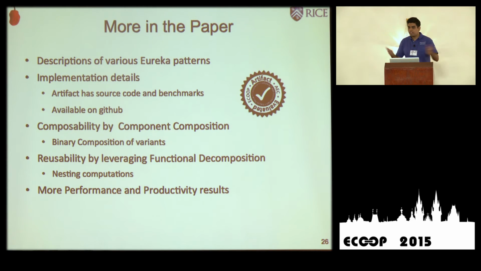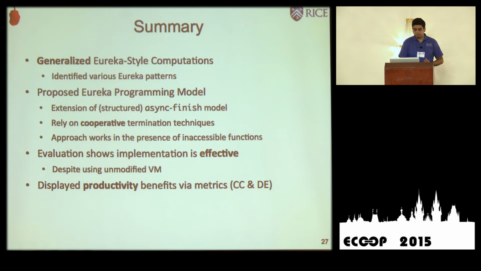So say I have 2 Eureka constructs, can I create a new Eureka construct based on these 2 Eureka constructs? That's discussed in the paper. And then using functional decomposition for reusability. So say I have the code to do a search on a 2D array. Can I use this code to do a search on an n-dimensional array, for example? And then other performance and productivity results are also there in the paper.